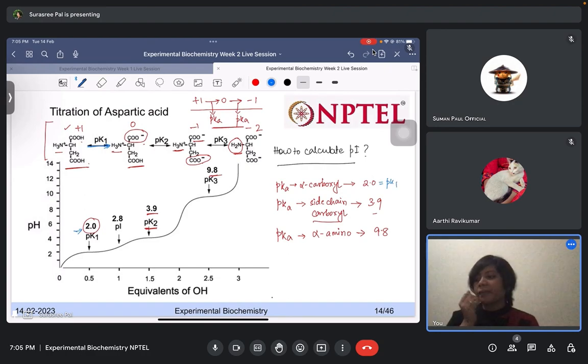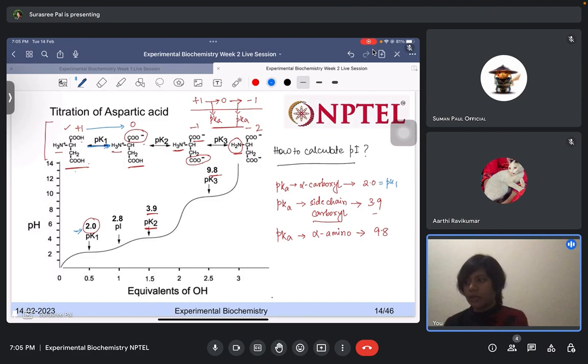So due to this pK1, when the pH is increasing beyond pK1, then what happens? This molecule is losing its proton from the carboxyl group, and it is changed from +1 to 0, right?